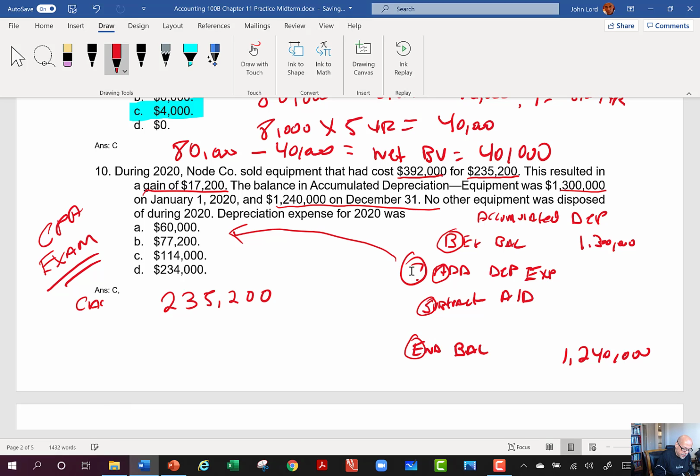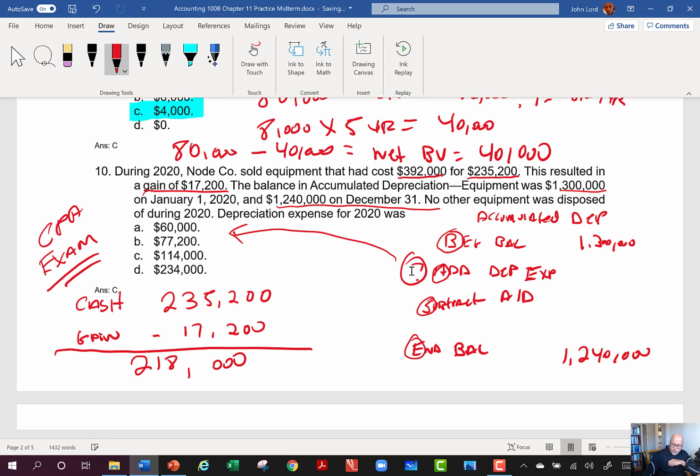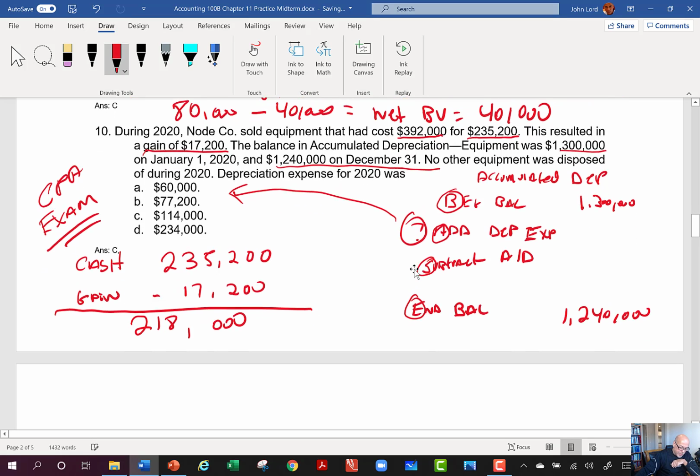That's the cash. And since there was a gain on that, that means that I can take that gain, subtract it off of the $17,200 from the cash, and that means that equipment must have had a book value of $218,000 at the time that I disposed of that property.